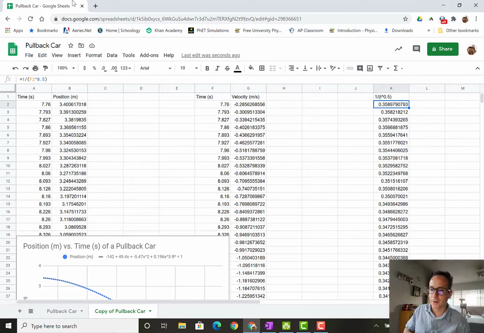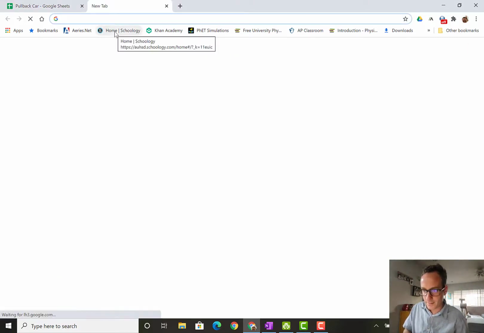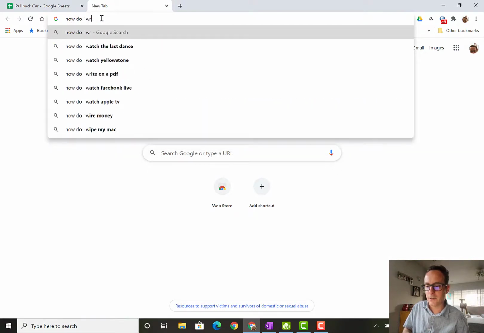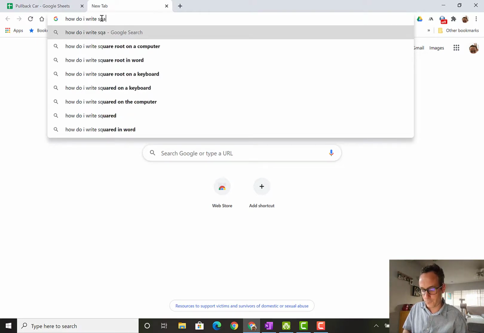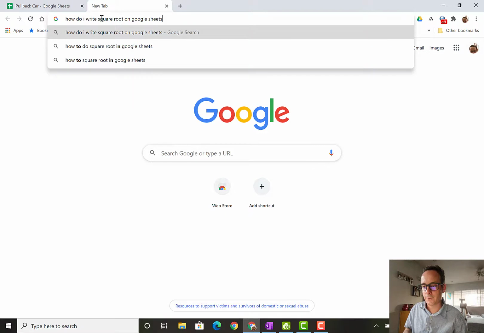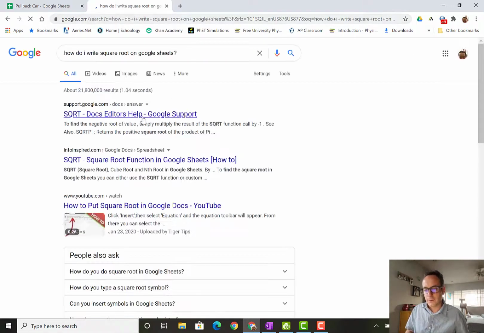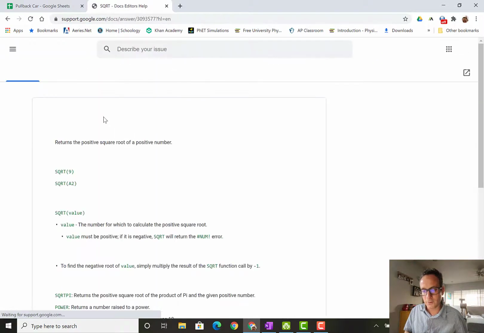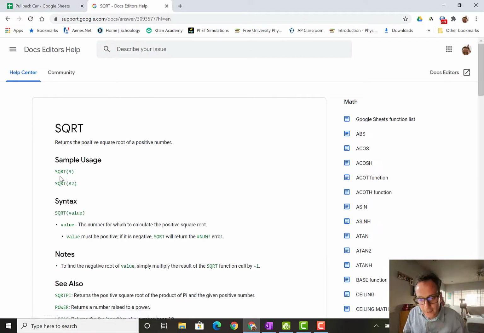Well, you can go to Google and ask, how do I write square root on Google Sheets? So you just look that up. Let's see, Google, yeah, that's probably a good place to look. Okay, I just use SQRT all in caps, and then I put what I want in the parentheses there.